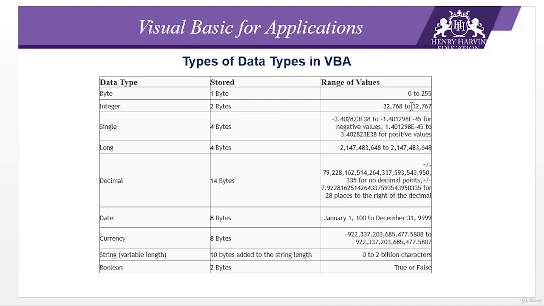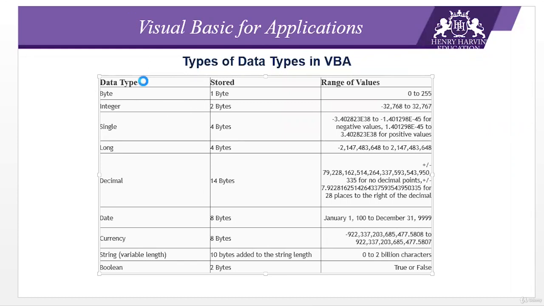That code will throw you an error, overflow or something. Remember, date should be date, and currency is 8 bytes. We have this much character holding limit, this much computer memory can store, and then string and boolean. These are things which are required when you do any kind of coding.